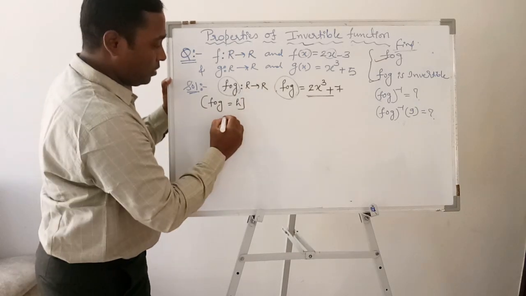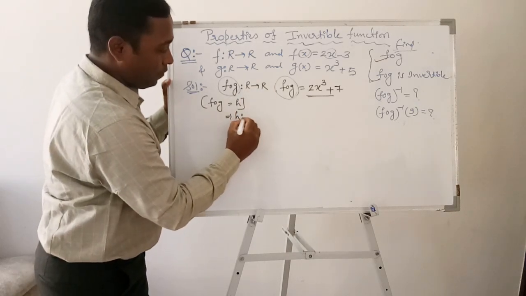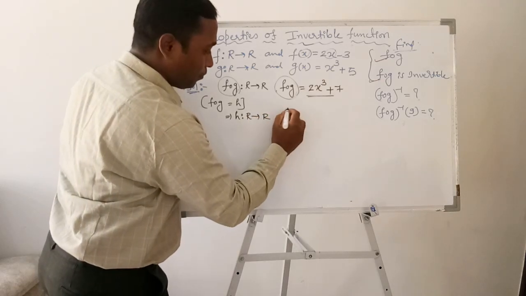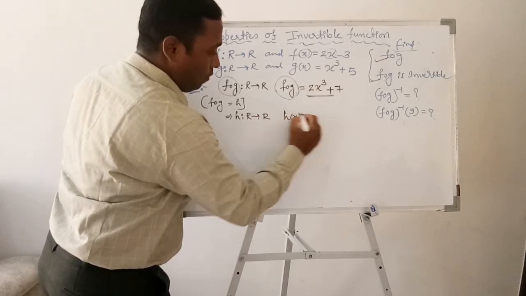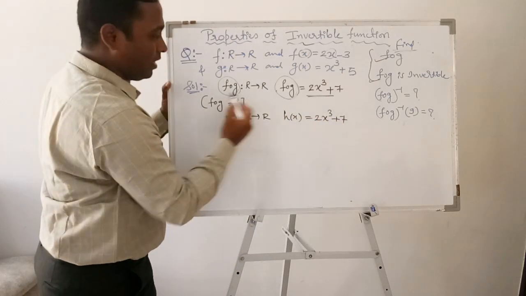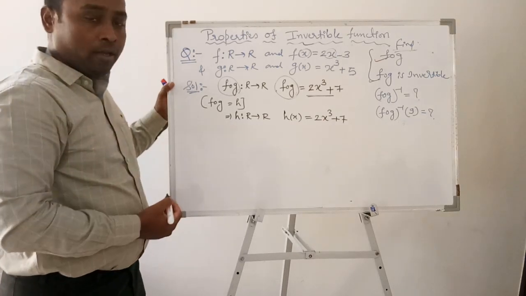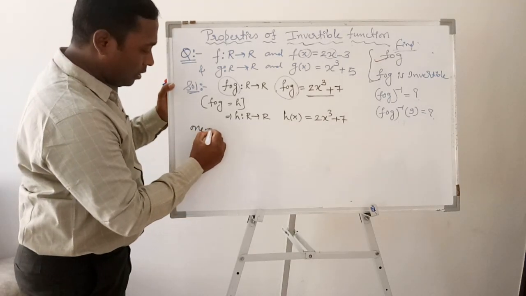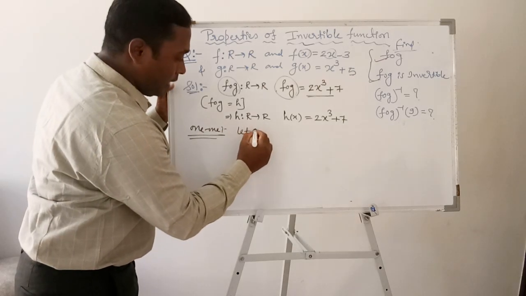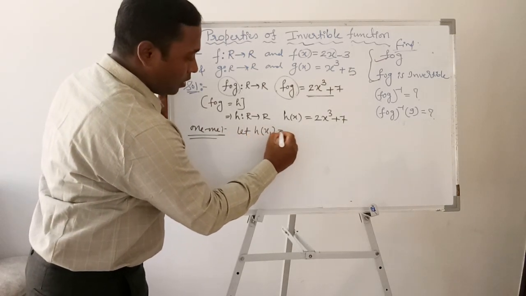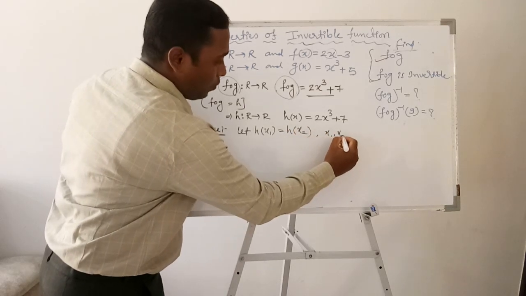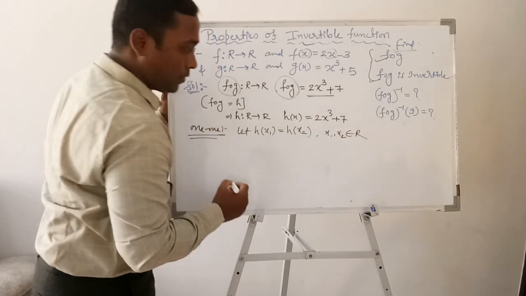So I can write the same statement: h is a function defined from R to R, where h of x is given as 2x cube plus 7. So instead of proving this, I am proving h is one one and onto. So first, for one one, let h of x1 be equal to h of x2, where x1 and x2 belong to real numbers.